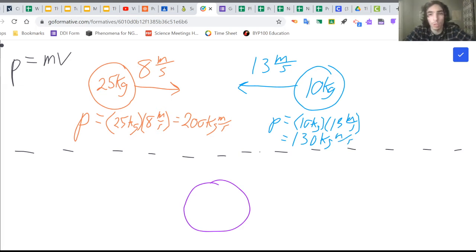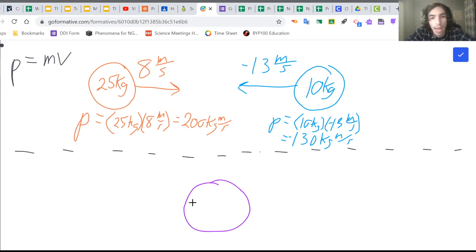And even though it's not written here for us, this 13 really is negative as the velocity. So the speed is just 13 meters per second, but the velocity is negative 13 meters per second, or 13 meters per second to the left, because velocity is a vector, whereas speed is not. So this really should be a negative 130 kilogram meters per second because it's moving left.